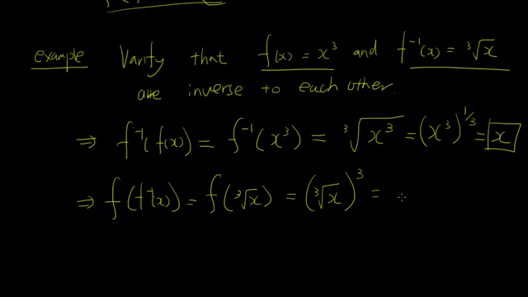The cube root of x is x to the 1/3 power, to the cube. So they cancel out and it becomes x. Why is it canceling out? Because we have an exponent over an exponent, so you multiply them and they cancel. That's how we get x.